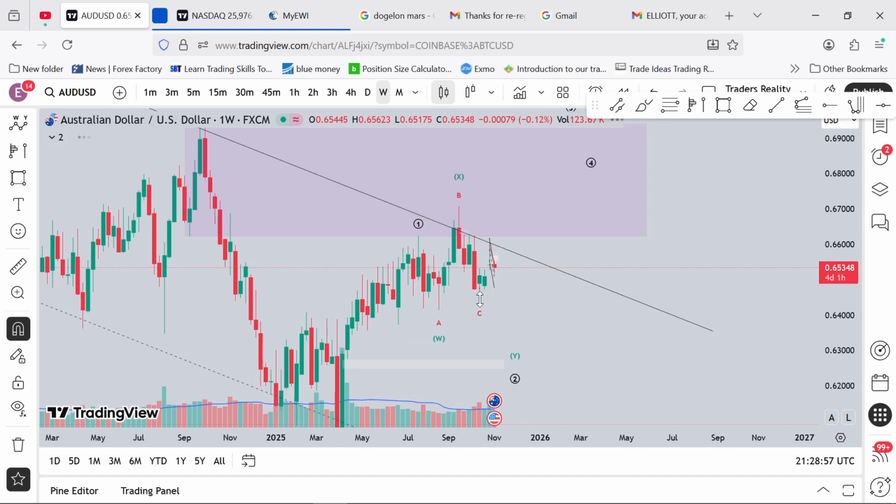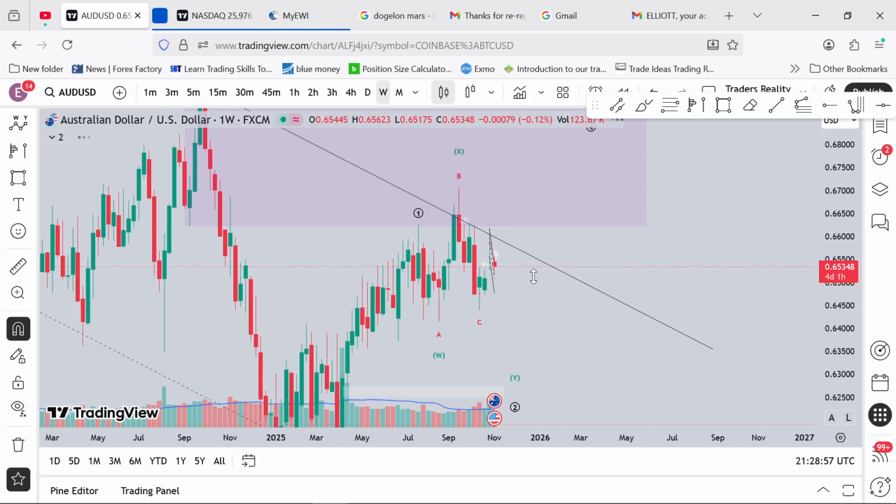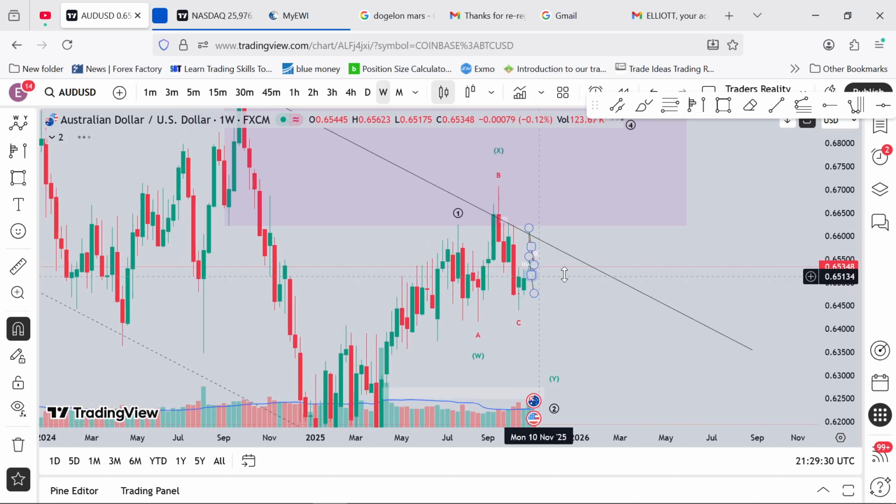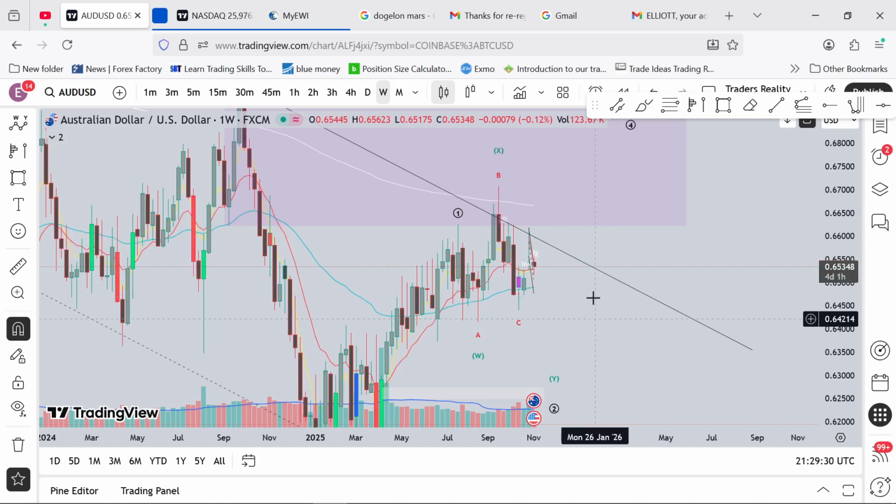We left the gap there and we've partially filled it. We filled a lot of that gap, but not all of it. It came right up to that wick, almost created equal highs, and started shooting down again.